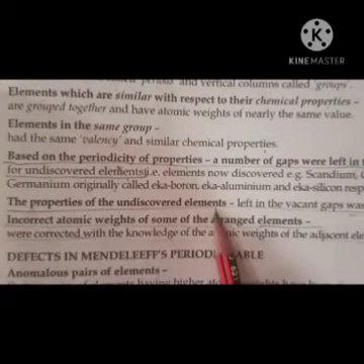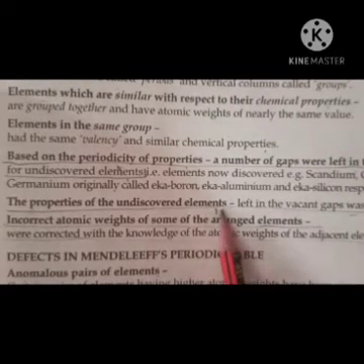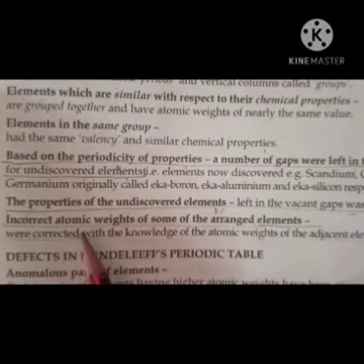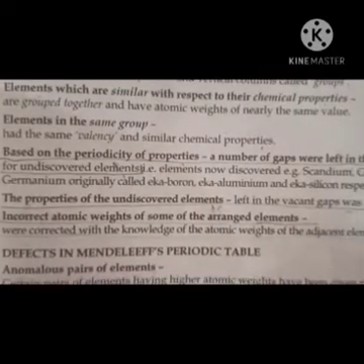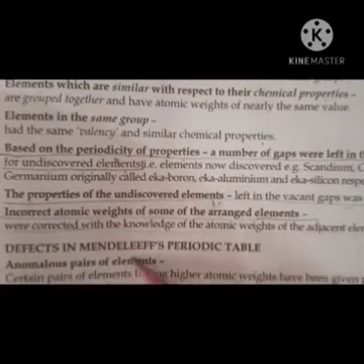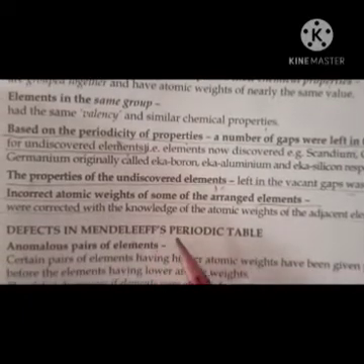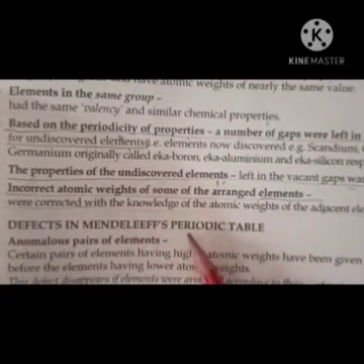They were predicted at that time only by Mendeleev, when they were not discovered. Okay, and for some of the elements whose atomic weights were not correct, they were also corrected with the knowledge of the atomic weights of the adjacent elements. But there were again some defects and anomalies in Mendeleev's periodic table.